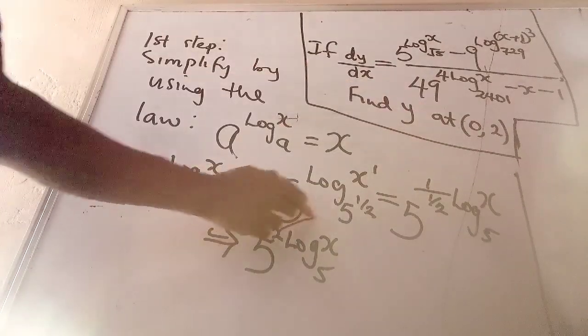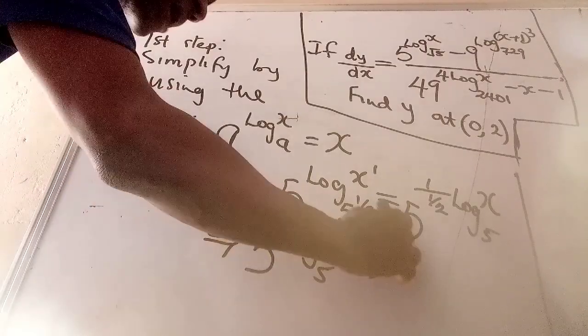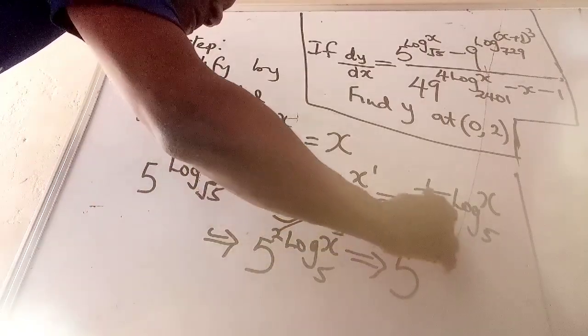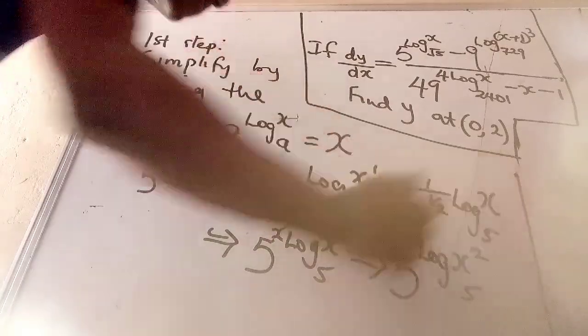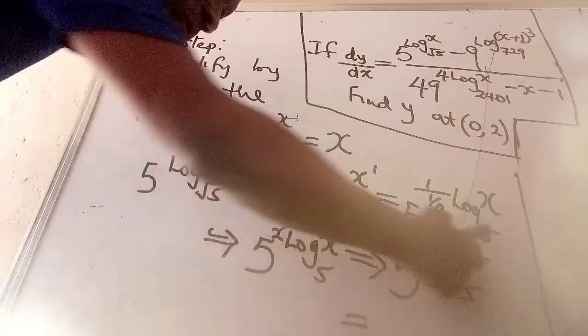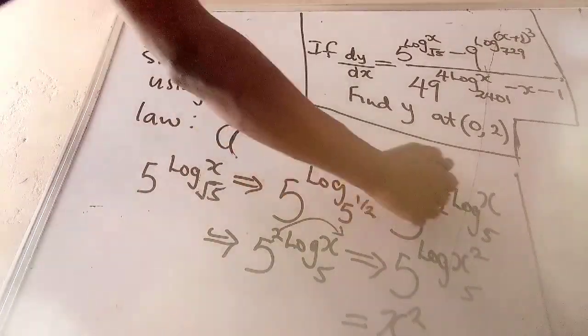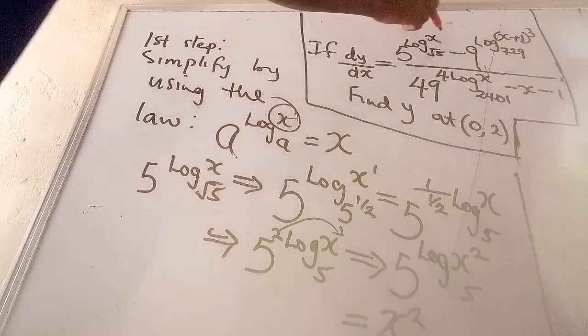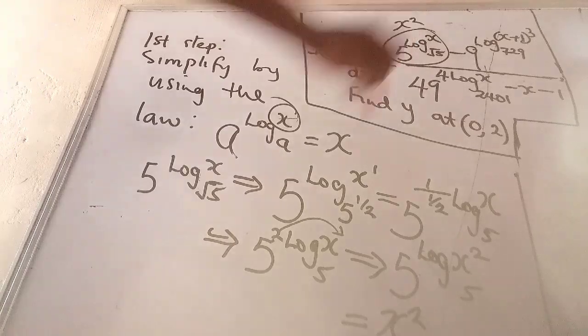This 2 will become power to x. According to the law of logarithm, that means we have 5 raised to power log x squared base 5. And the result will be x squared, according to this. So we have simplified this one to become x squared. Take note.